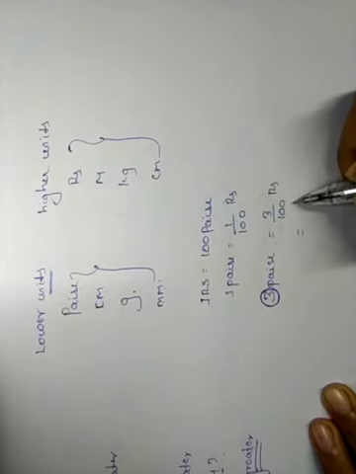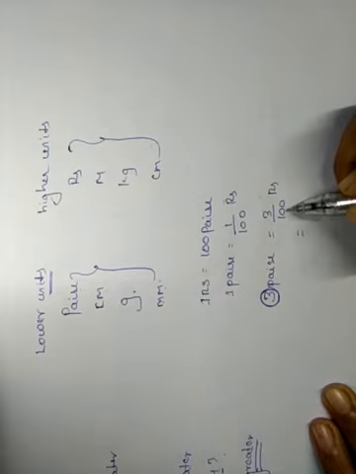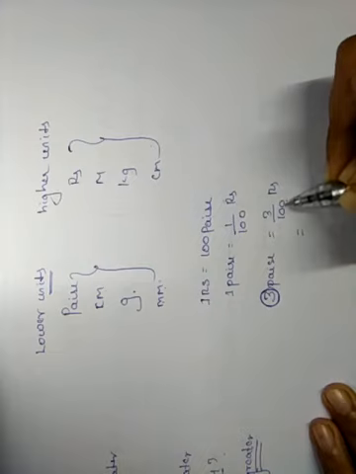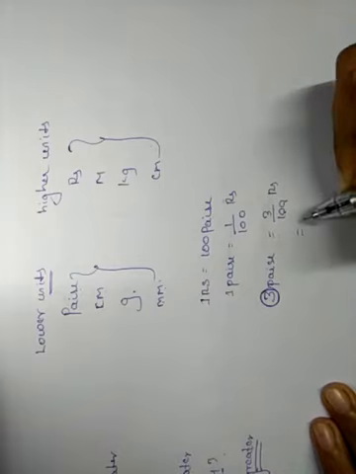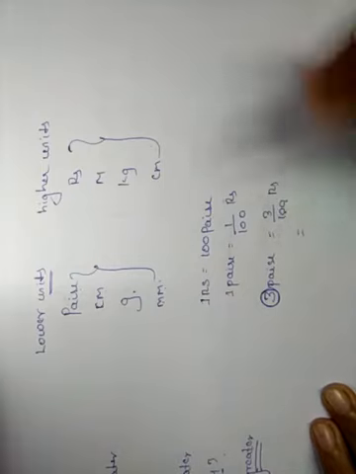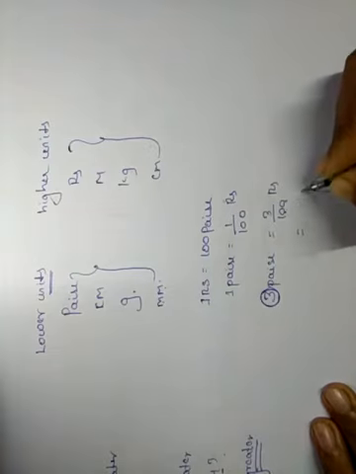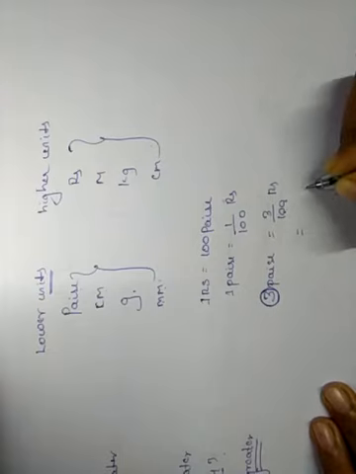You can observe here at the denominator part there are 2 zeros. I want to cancel these two zeros. If I cancel these two zeros, I have to give a decimal point for the numerator after two digits from right to left. See here, but we have only a single digit at the numerator place, that is 3.